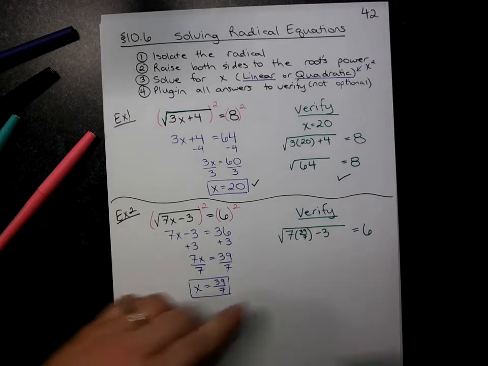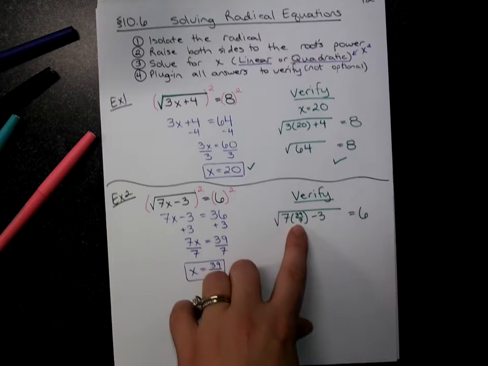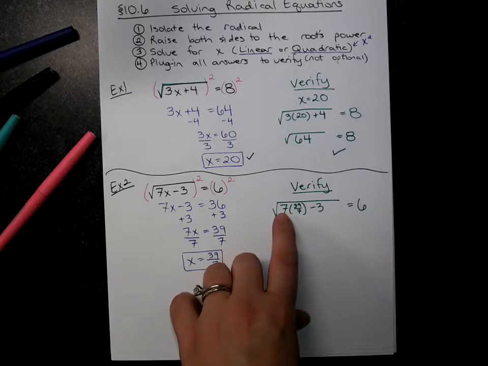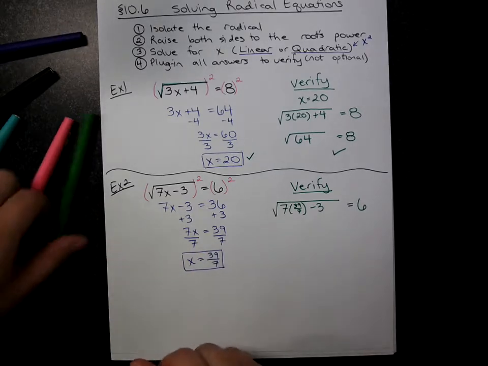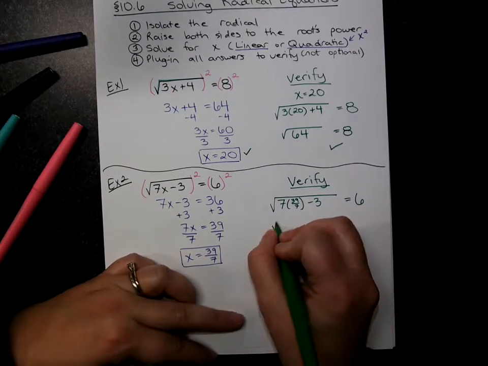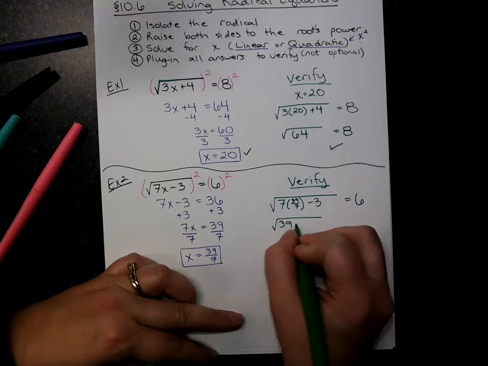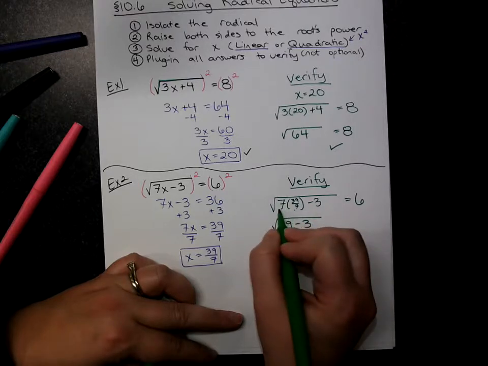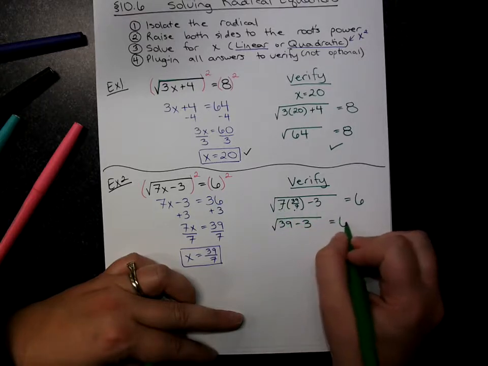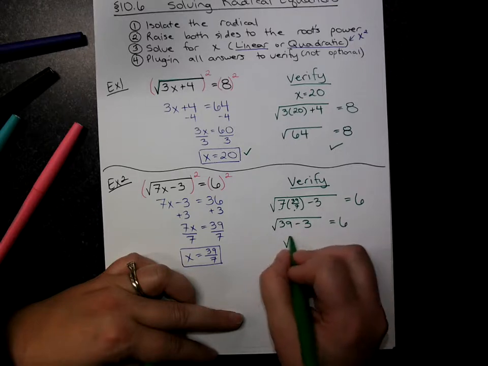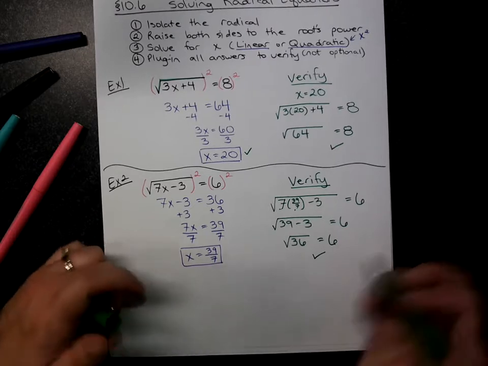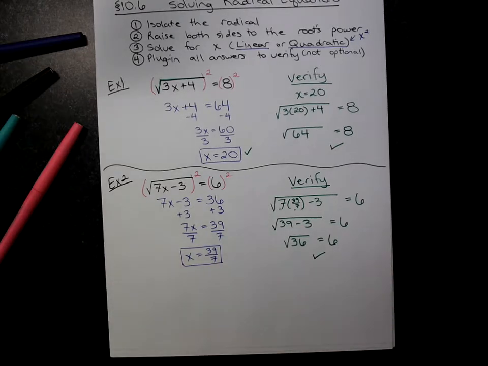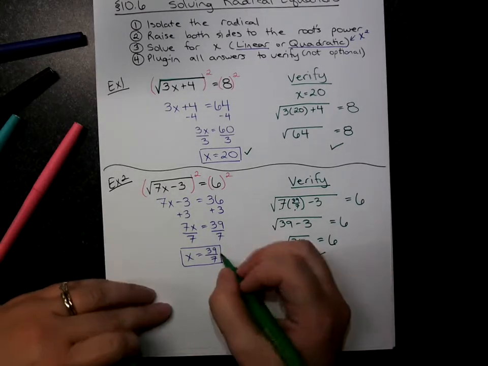Now you can type that in the calculator, but the 7 coefficient is going to divide out with the 7 that is being divided by, and really that is just the square root of 39 minus 3. So these two 7's divide off, but you can check that in your calculator as well. 39 minus 3 is 36. The square root of 36 is 6.